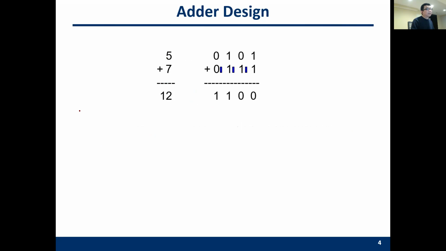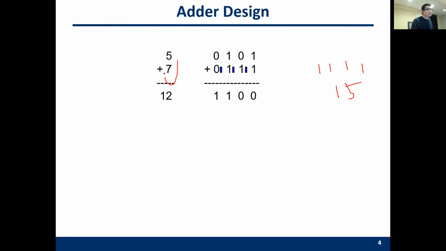So this is a 4-bit adder, which means that the maximum number that can be added by this adder is 4 ones, which is 15. Apparently, 5 and 7 are both smaller than 15.